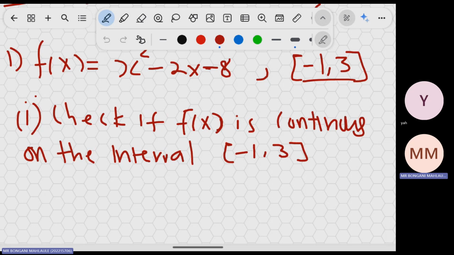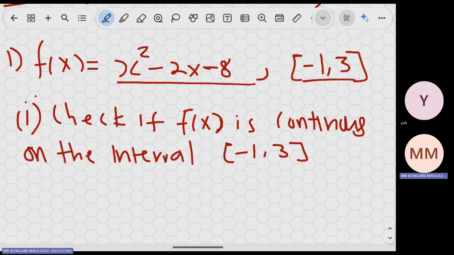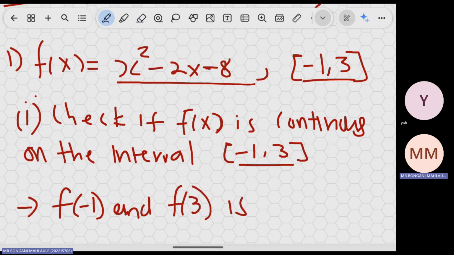So polynomials are always continuous, right? Since polynomials are continuous everywhere, there is no value that you'll substitute that will make your function undefined between these two points. So f of -1 and f of 3 are continuous, and you can write it like that.